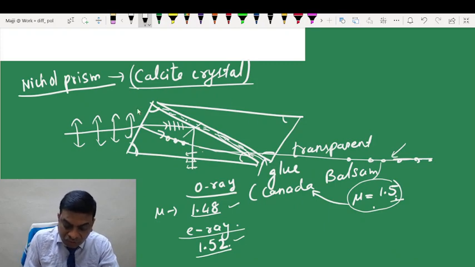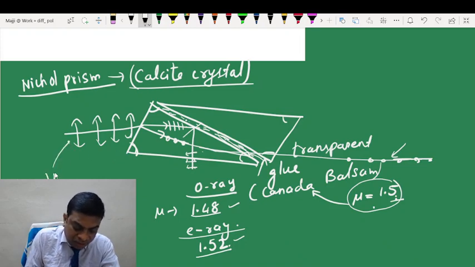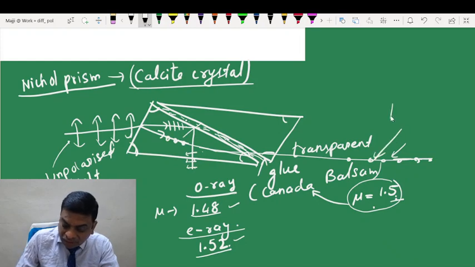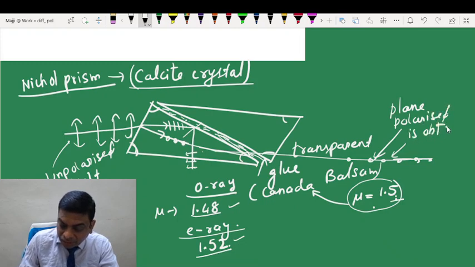In other words, if you see the overall effect of a nicol prism, in simple words we can say unpolarized light is made incident on a nicol prism, plane polarized light is obtained. That is the idea behind a nicol prism.